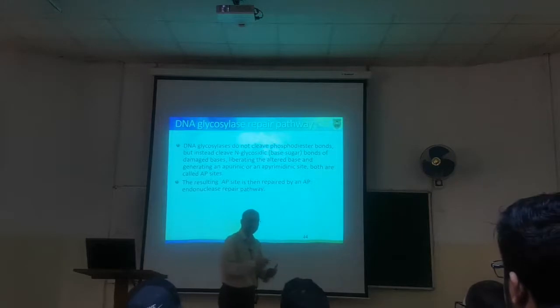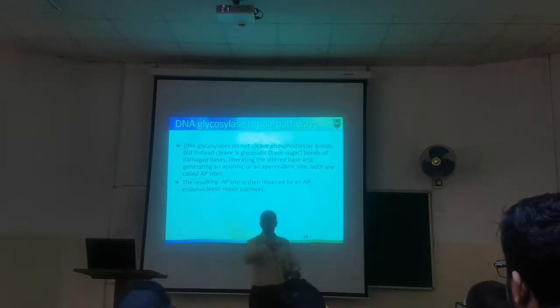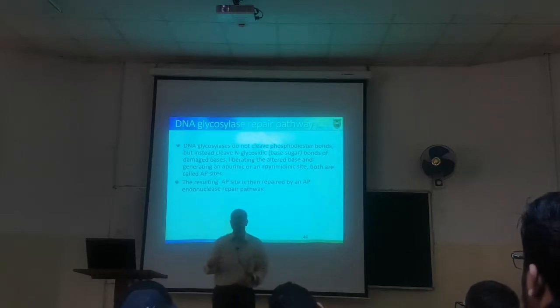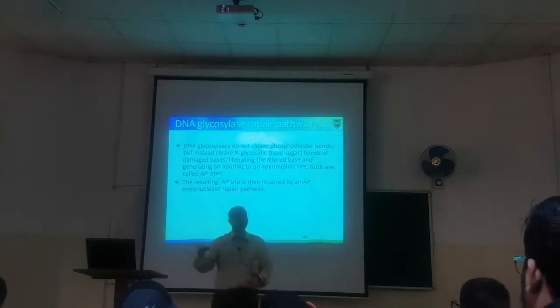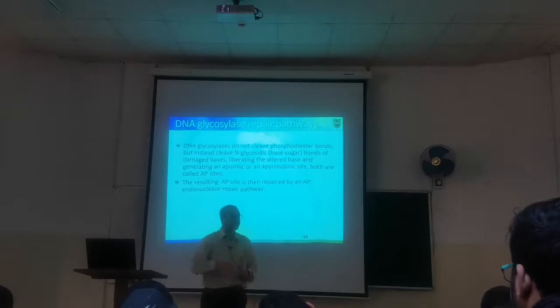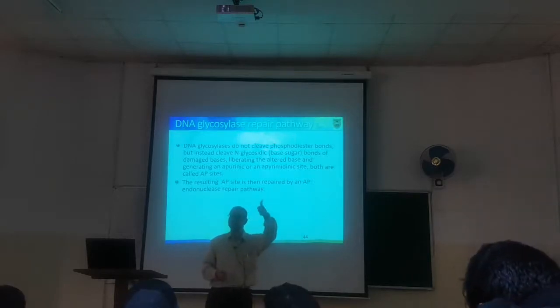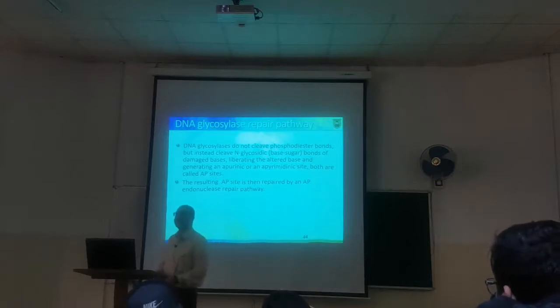In general, what these DNA glycosylases do is remove the abnormal base, creating AP sites, meaning apurinic or apyrimidinic sites, sites that have the phosphate and sugar but no base. Okay? Creating AP sites, which can then be fixed.